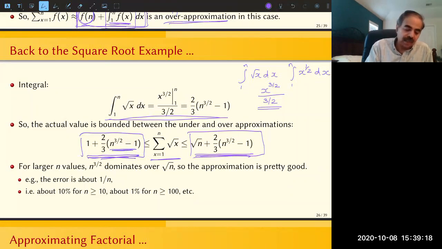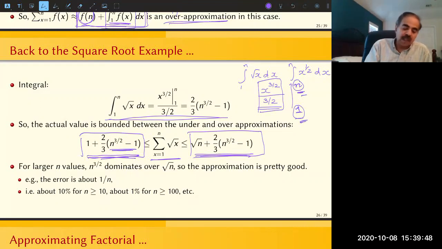But then we have to apply the definite integral. What this notation means is that you're going to evaluate this function at n, and then you're going to evaluate the function at 1, and then subtract the value at 1 from the value at n.